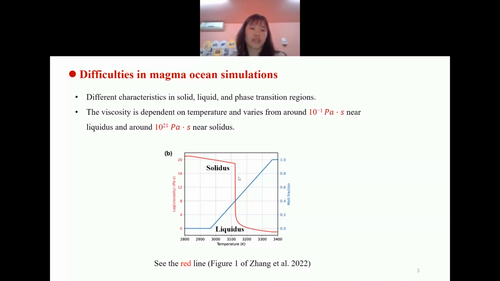This variation is over 20 orders of magnitude. Here, the solidus means the temperature where the silicas start to melt, and the liquidus means the temperature where silicas are completely melted. So there is no ocean GCM that can be directly used to consider this problem.